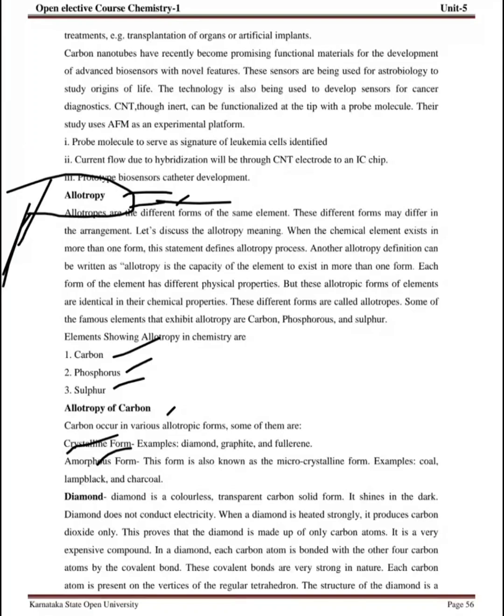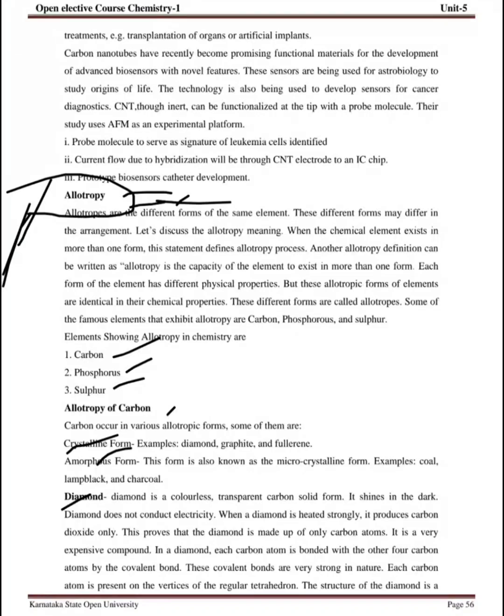Crystalline forms are, for example, diamond, graphite, and fullerene, and amorphous carbon examples are coal, charcoal, and lamp black.